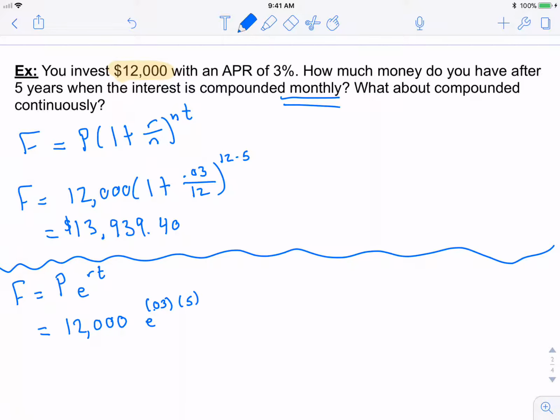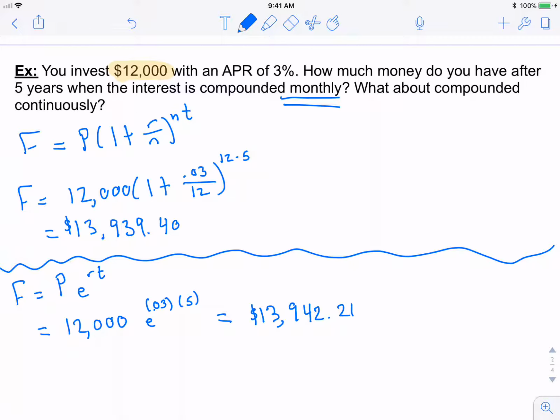And T is 5 years. When we plug this into our calculator, we'll see that we'll get $13,942.21.